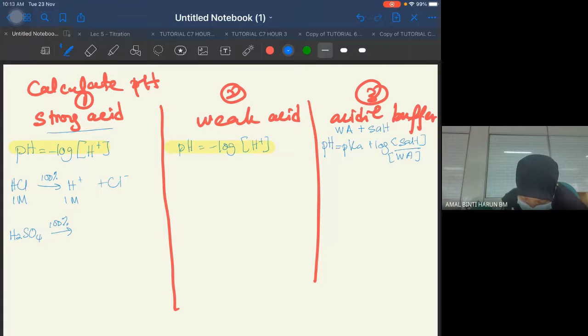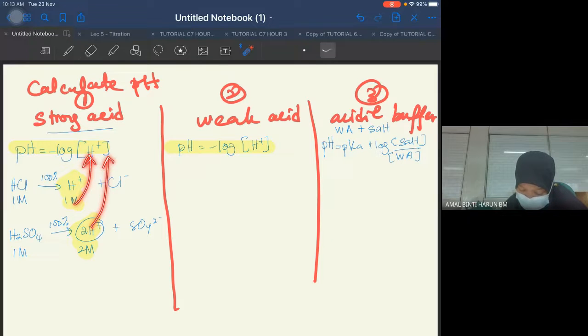That means if you have 1 molar sulfuric acid, you are producing 2 mole of H plus and 1 mole of sulfate. So your H plus will be 2 molar. So when we get the concentration of H plus directly, we can substitute it into the formula.